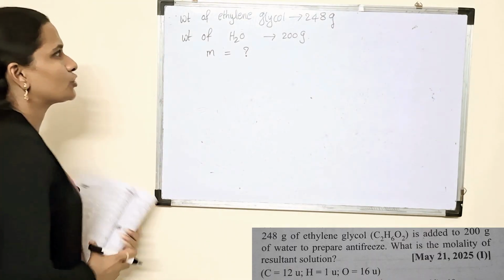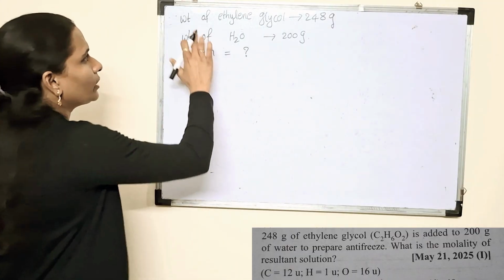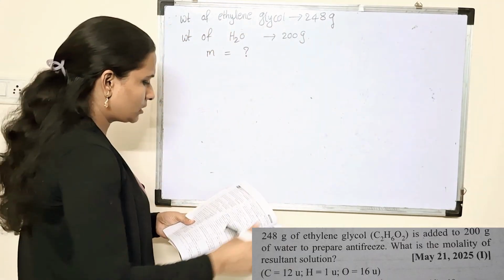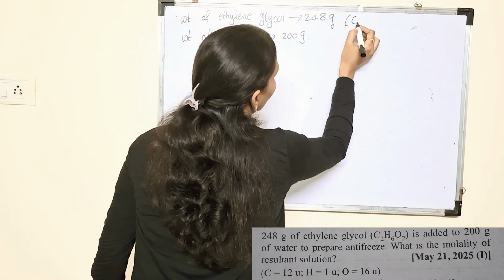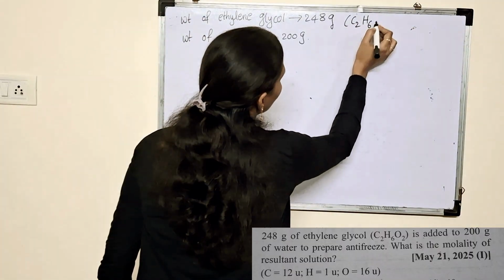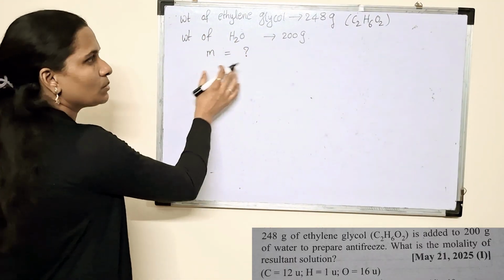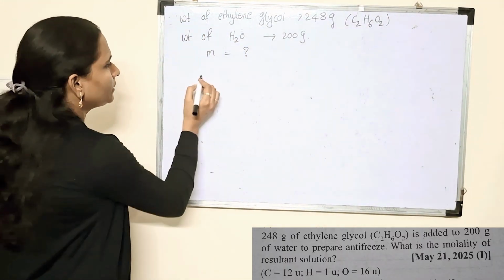So this is the question. Weight of ethylene glycol, and the formula they also gave. The formula is C2H6O2. This is the ethylene glycol formula. Now they are asking for the molality, so what is the molality formula?